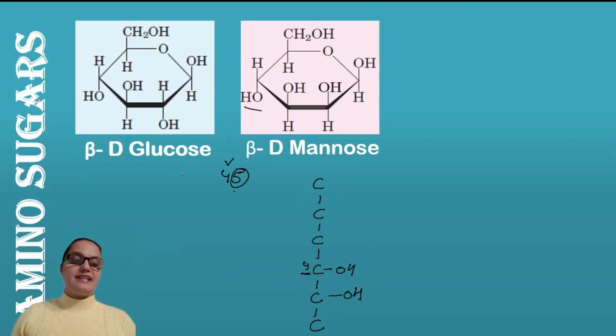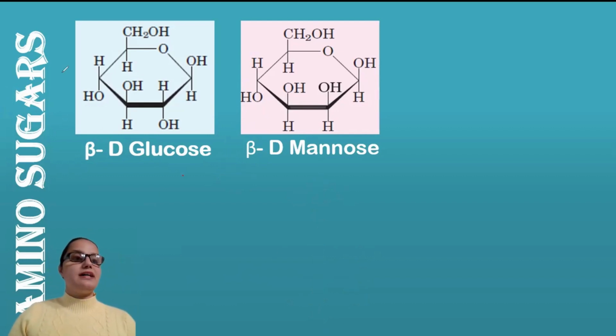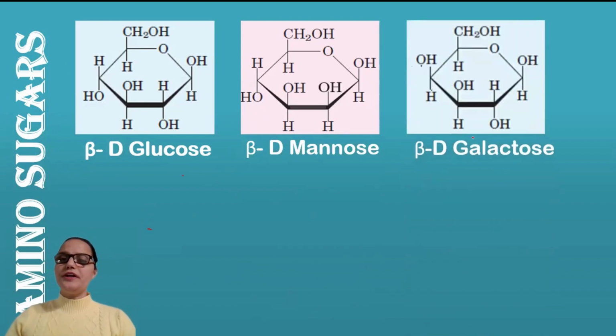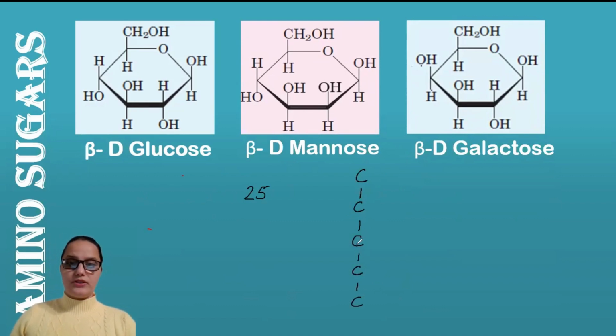Then we come to the next epimer of glucose, which is galactose. Now, over here, we know that the code for galactose was 25, which means on the chain of 6 carbons, 1, 2, 3, 4, 5, 6, on position number 2 and position number 5, OH is directed towards the right-hand side.